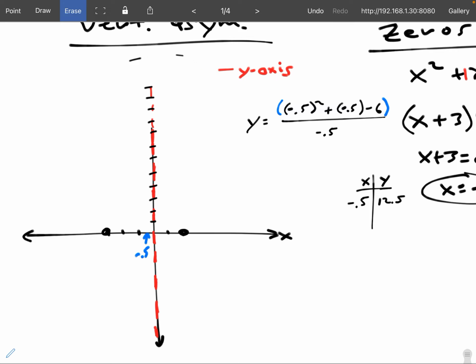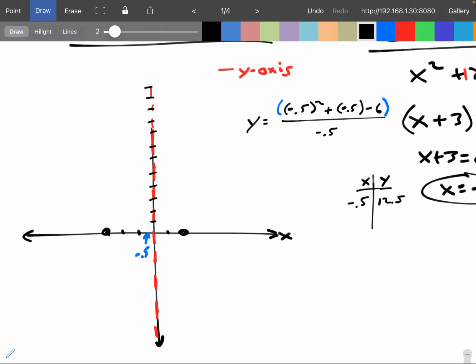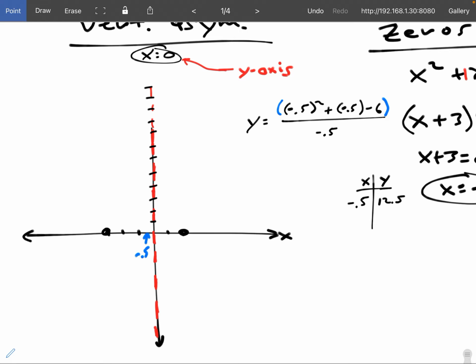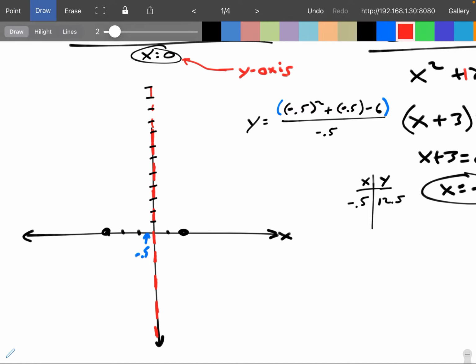I might have to get this stuff out of the way real quick. I'll just redraw that for you guys. What was that? X equals 0, with a little arrow going over here, right? Okay. So where was I at? Did I get up to 12 or did I go to 13? I can't remember. 1, 2, 3, 4, 5, 6, 7, 8, 9, 10, 11, 12. So I need 12 and a half, right?